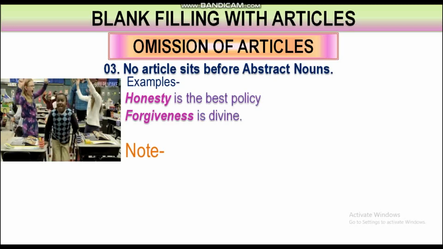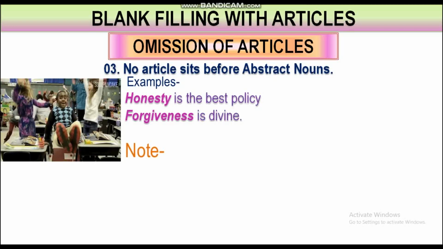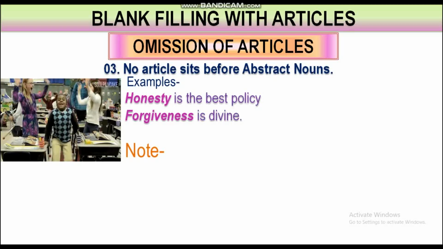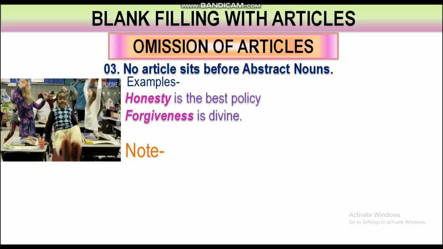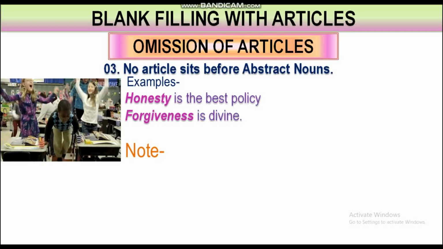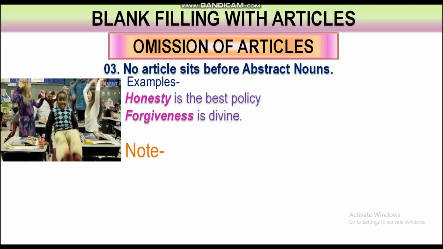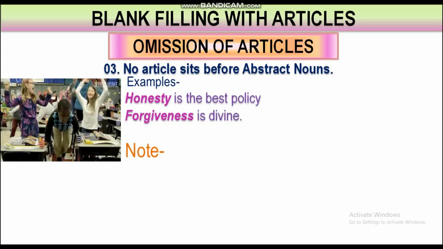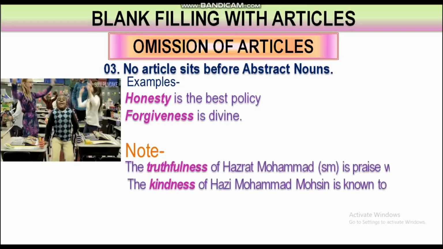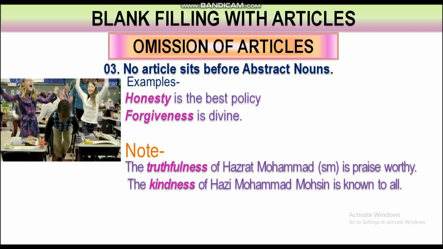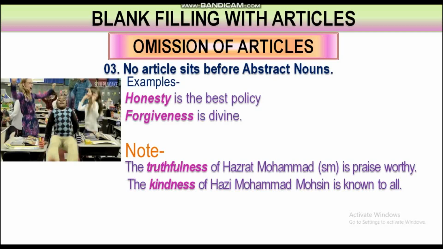But if any quality remains before any person or thing, then article the sits before of that special quality of the person or thing. For example, the truthfulness of Hazrat Muhammad sallallahu alaihi wasallam is praiseworthy.